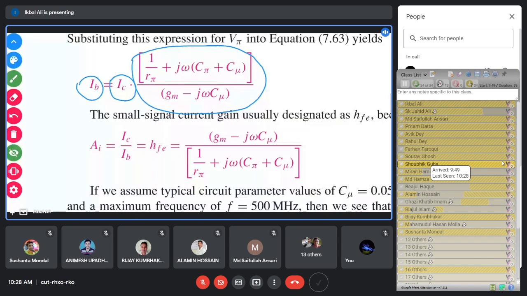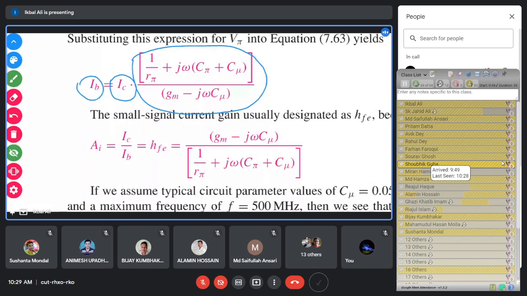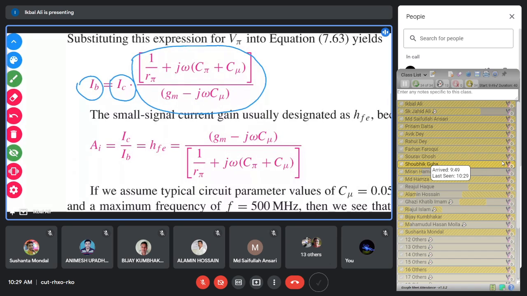Why is it called the small signal? Because the signal amplitude at the input is very small, such that the transistor does not distort the signal. In a power amplifier, you have seen that it handles the large signal, so the signal will be clipped off. But in a small signal amplifier, the signal is very small and will not be distorted.